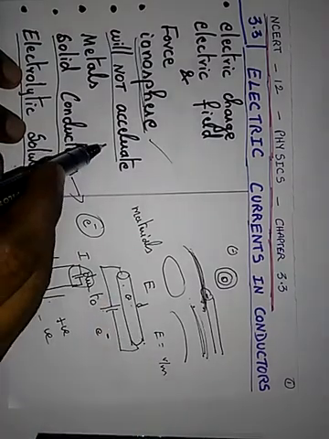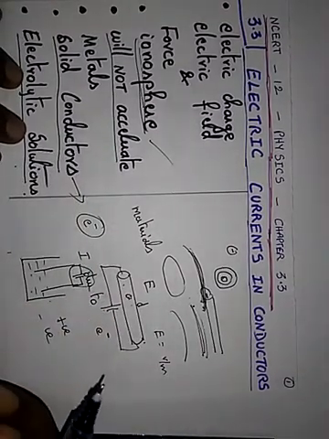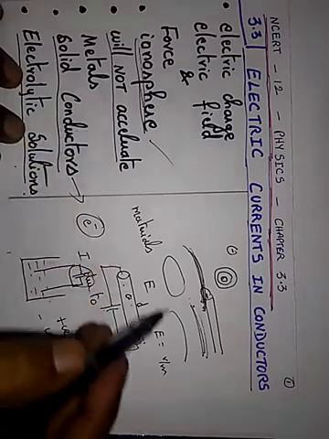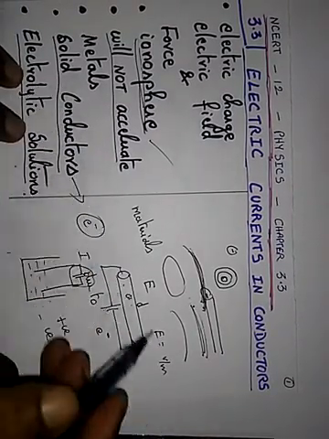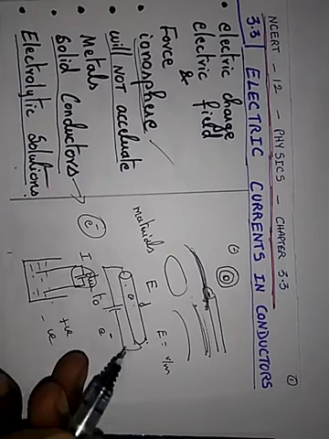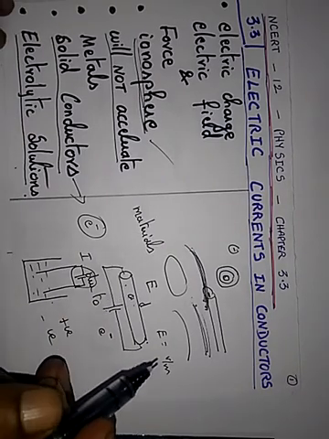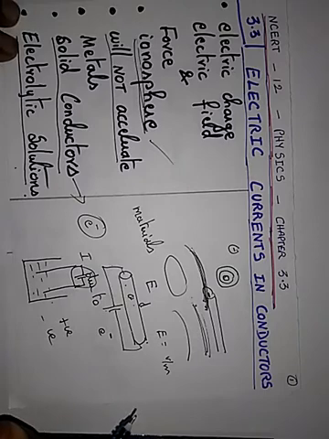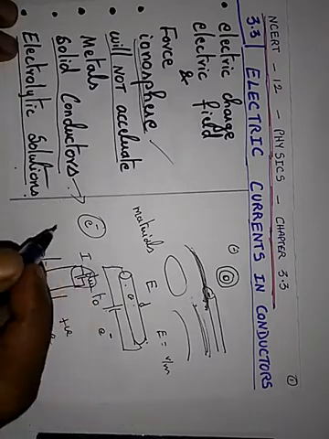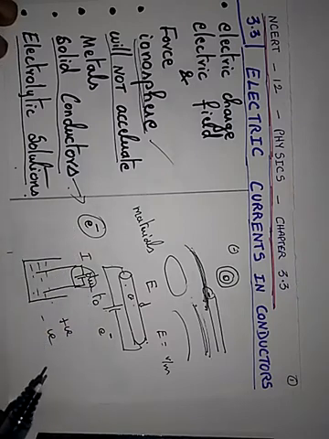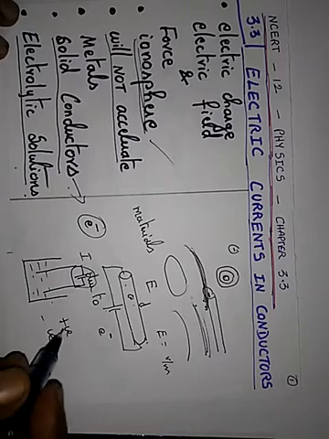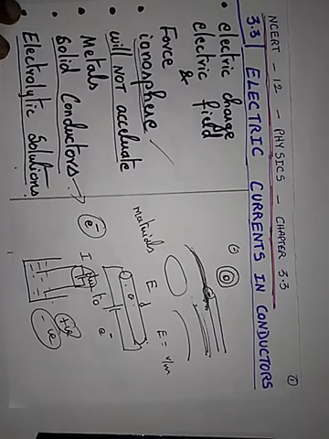There are some materials which will not accelerate any electrons. Only when electrons move, current is there. In metals we have surplus free electrons. So we have two types of conductors. One is solid conductors, where the conduction or current is due to only electrons, whereas in an electrolytic solution the current is due to both positive charge and negative charge.